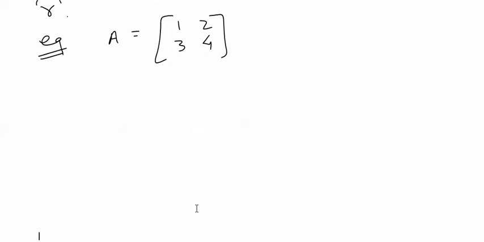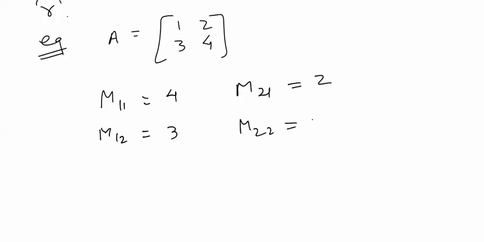For example, m11 is 4, m12 is 3, m21 is 2, and m22 is 1. What he's trying to say is that if you can find at least one minor which is non-zero of order r, then that will become your rank.